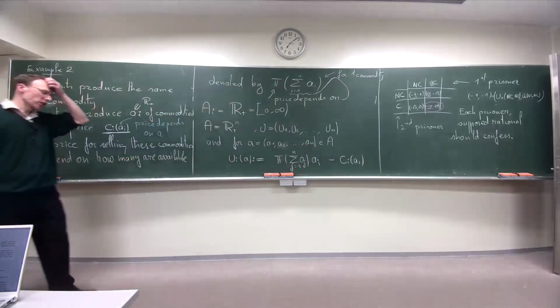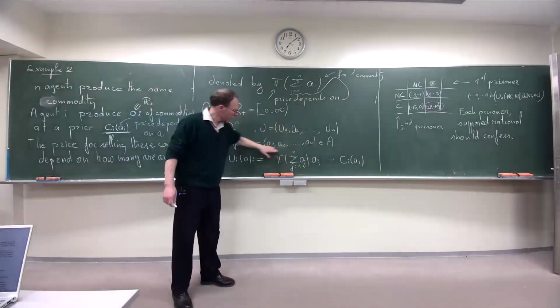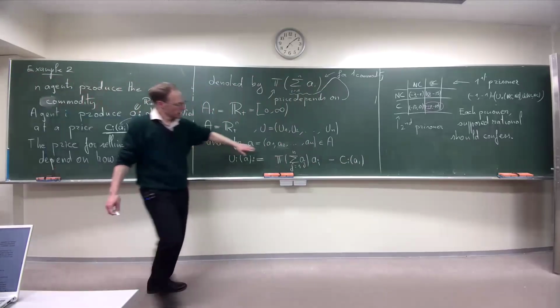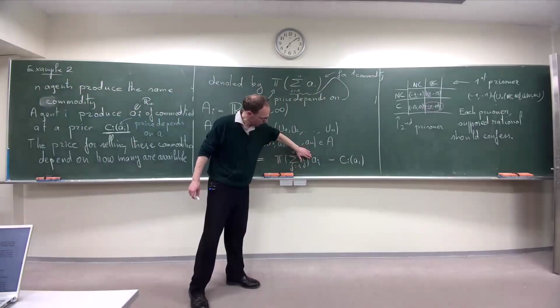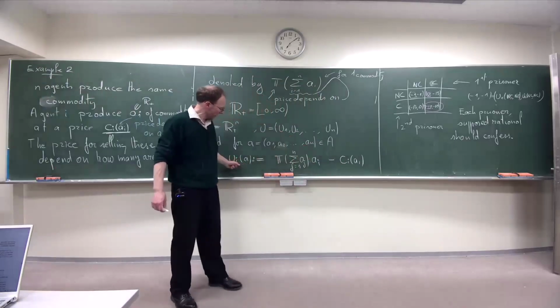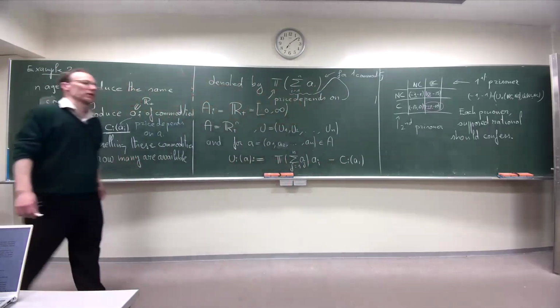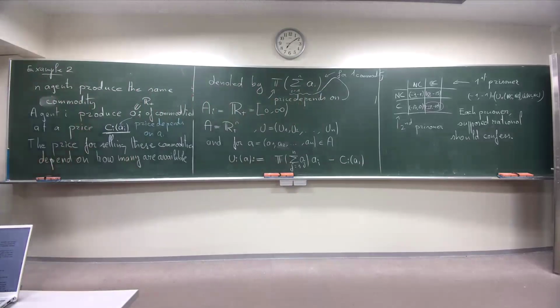And now the payoff for each agent depends on how many commodities are produced by each agent, because the price depends on this sum, times the number of commodities produced by agent i, and the price this agent had to pay for producing these commodities. Okay. So it's good to have these two examples in mind.